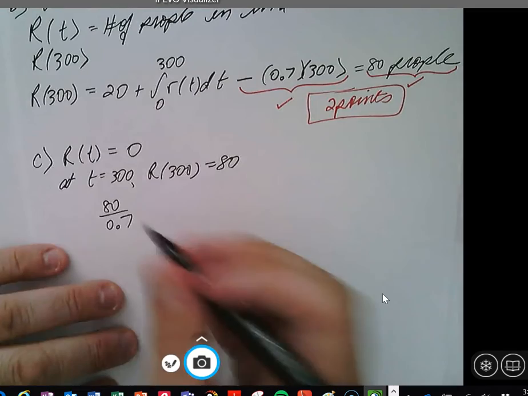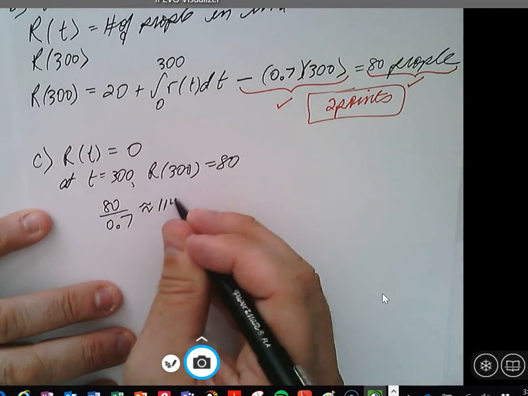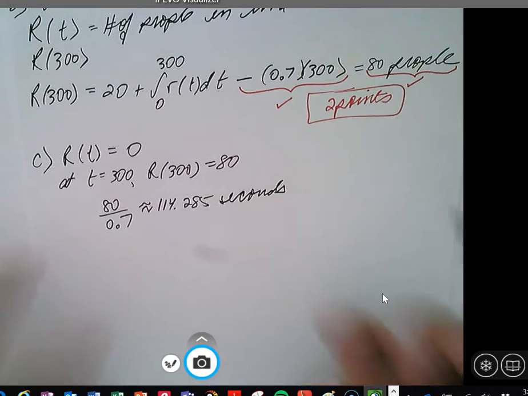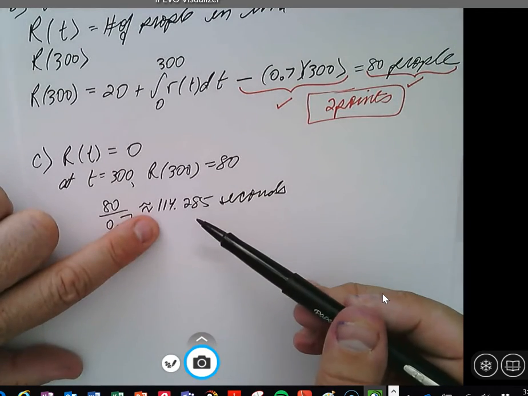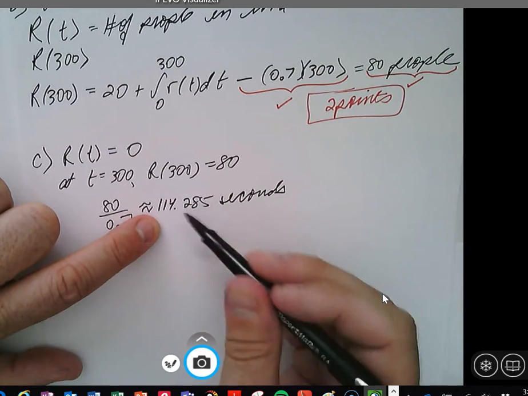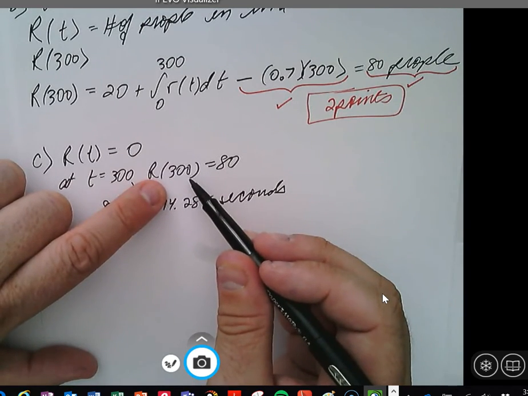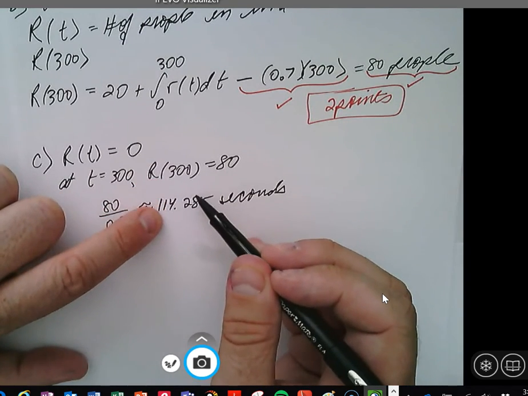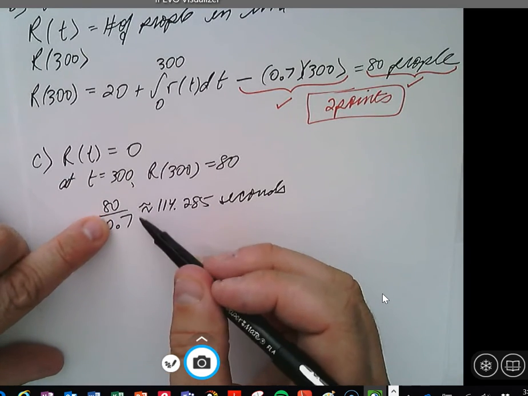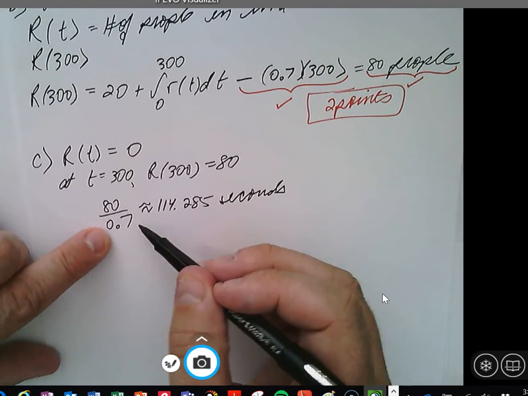Now let's be careful. This is 114.285 seconds. But what is that 114.285? That's how much time after the initial 300 seconds it's going to take for those 80 people to get onto the escalator at a rate of 0.7 people per second.